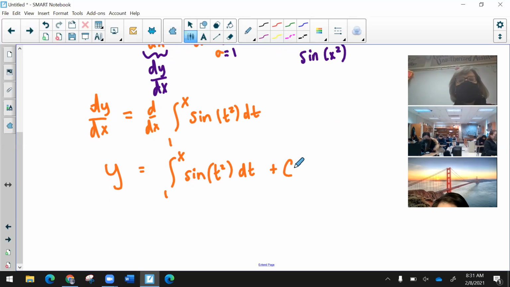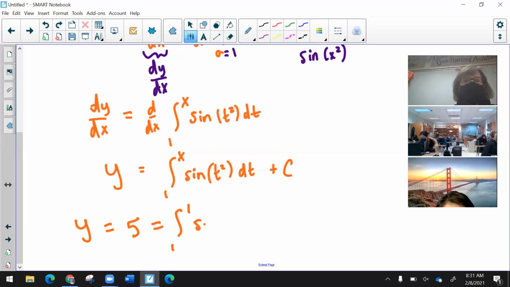But I can do something about the plus c, because I know that y is equal to 5 when x is equal to 1.